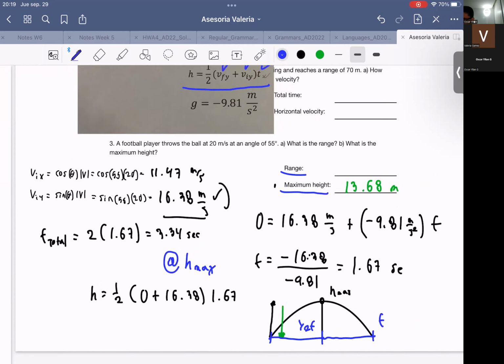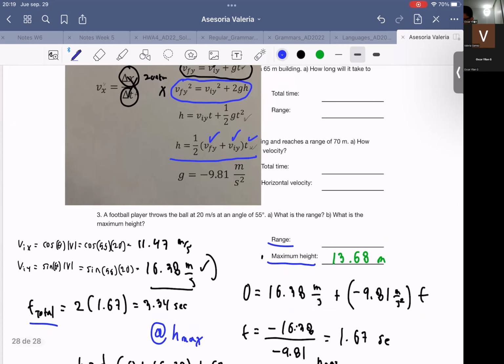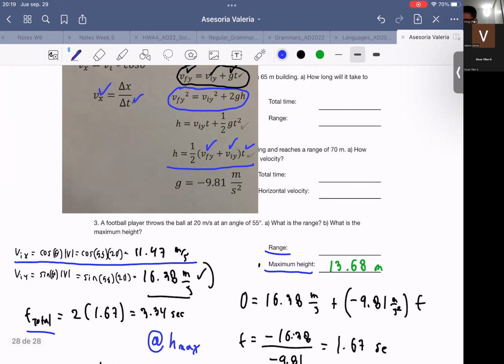Now we have the time. And what else do we have? For getting the range, we have the time and we have the original velocity, the Vx. That is what we want. So we just have to do the algebra, solve for it.